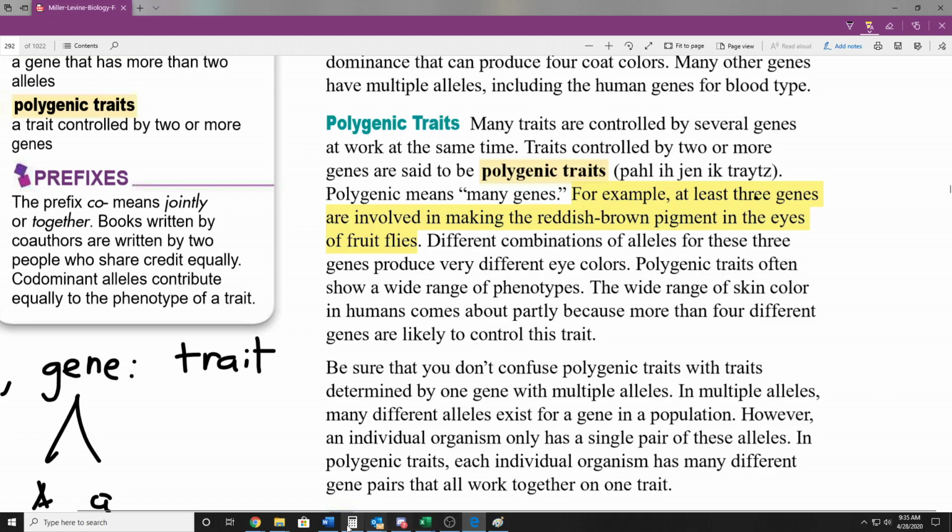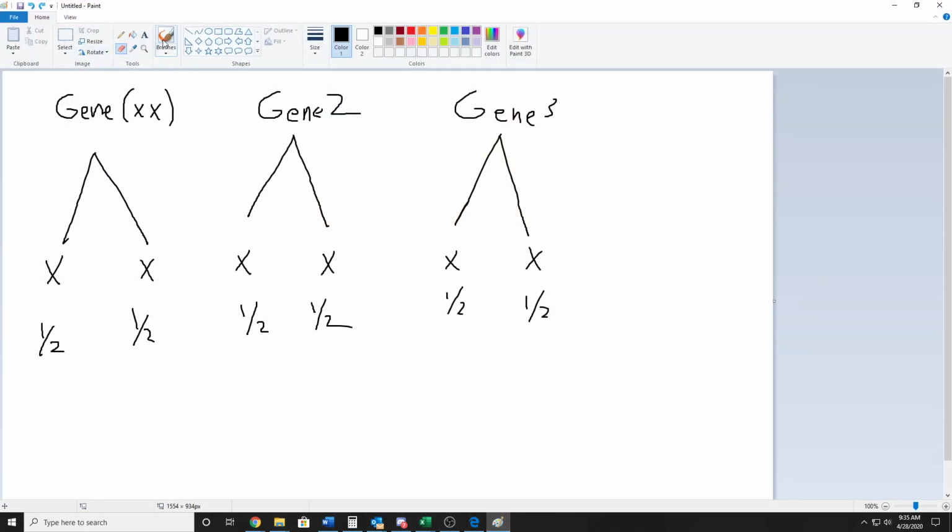So again, if I'm looking back at my paint diagram, I'd have to add another gene in here to get a specific genotype for skin color, which is going to be an even less likely probability of getting a specific genotype when you have 4 genes, right? So what does this mean? This means that the more genes control a trait, the more variety you have. We see a lot of variety in skin color. We see a lot of variety in eye color as well.